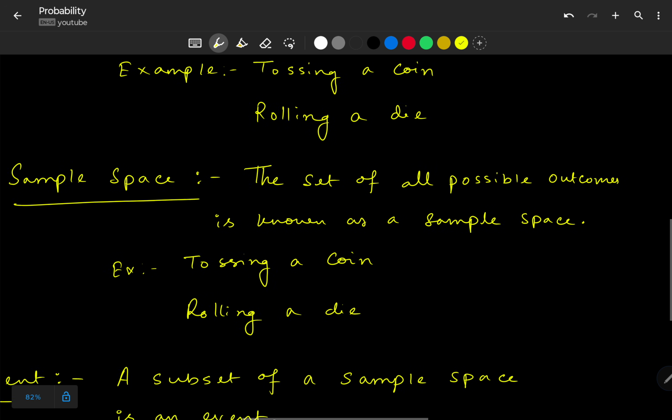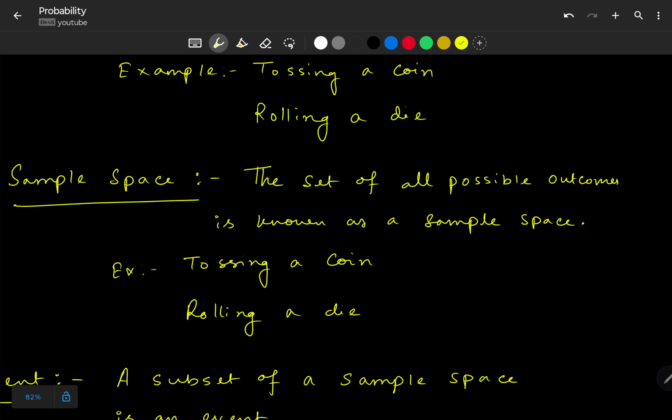The next one is sample space. So whenever we are performing a random experiment, we will get an outcome. Now, if we make a set with all the possible outcomes of that experiment, then that set is called a sample space.